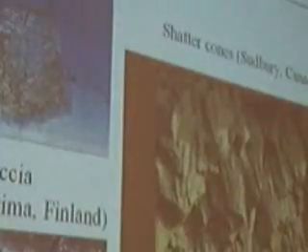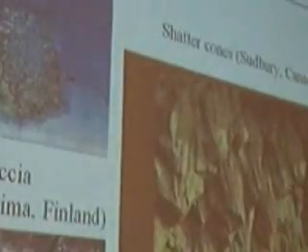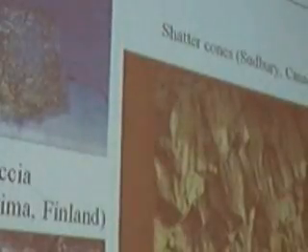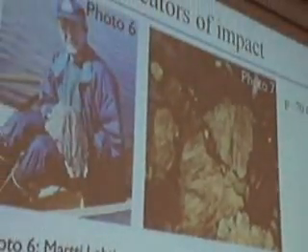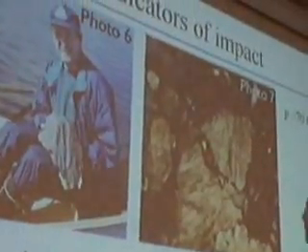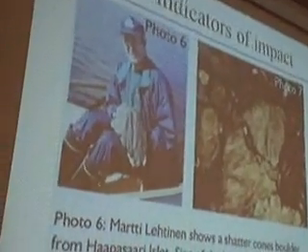Then we have lithological impact breccias, which are highly brecciated rocks, and shatter cones, which are also produced by high shock pressures. This is from Sudbury, Canada, very nice shatter cones. Here is another shatter cone, from one of the Finnish structures, Suvasvesi.